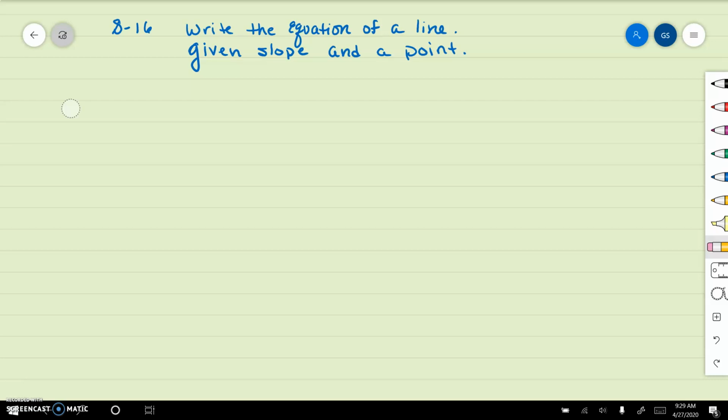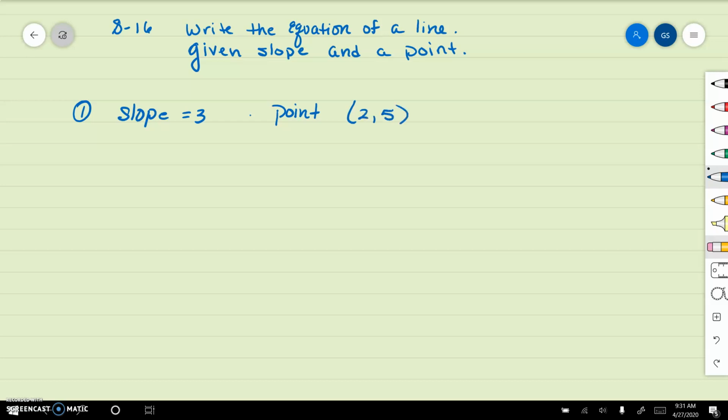Number one, we're going to write the equation of a line whose slope equals 3. Okay, slope equals 3. And they're giving you a point that is on the line, and that point we're going to say is 2 comma 5.